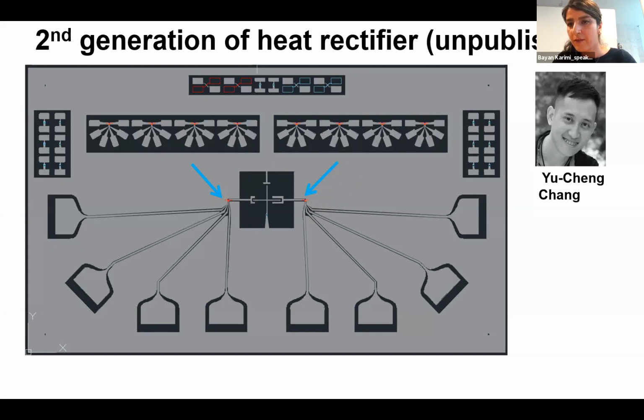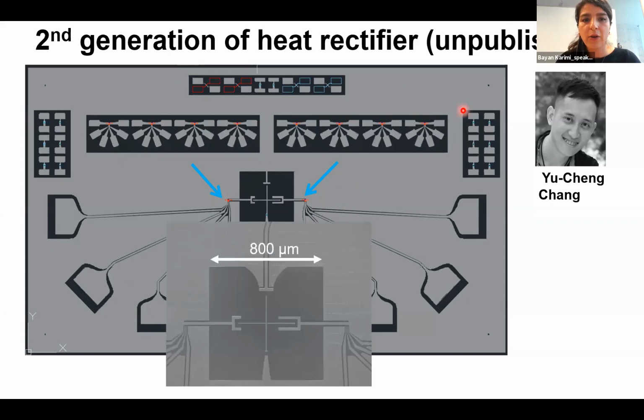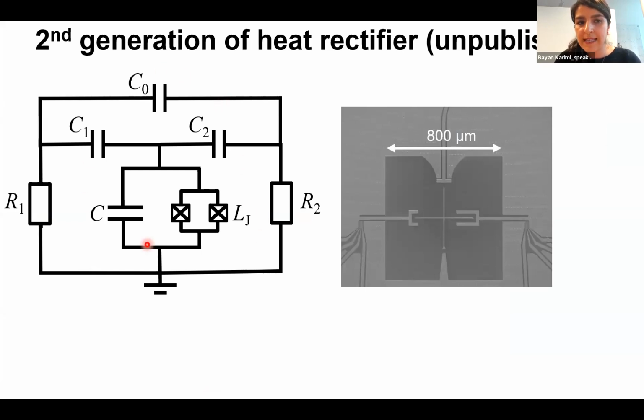And you can see one of our postdocs working on the setup here. You can see in the real circuit how it looks. It's about 800 or 1 millimeter wide here. And in general, the circuit looks like this.